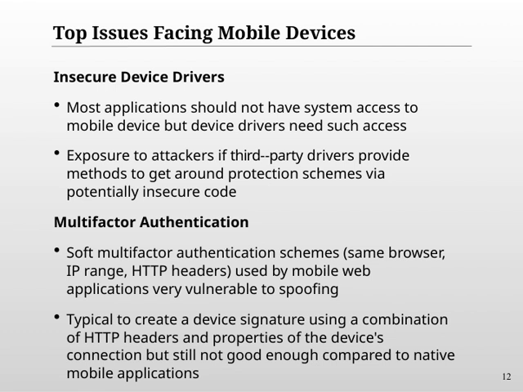To improve security, developers often create a device signature by combining various HTTP headers and connection properties. But even with these measures, this approach still falls short compared to native mobile applications. Native apps can leverage more secure, hardware-based authentication methods, making them inherently more resistant to spoofing and impersonation.